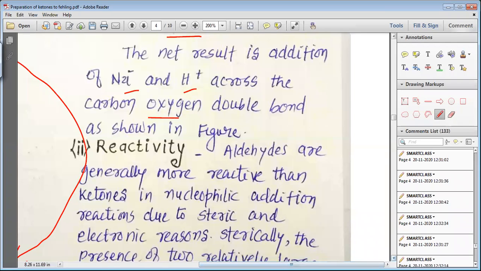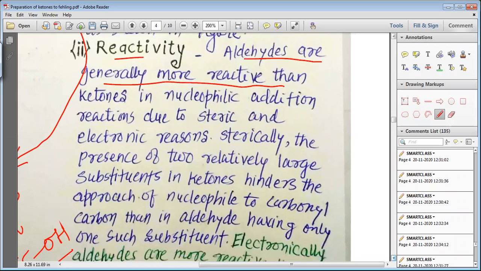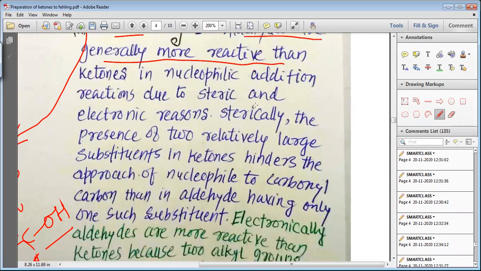Now, a very important point, my dear students, is about the reactivity. Aldehydes are generally more reactive. Please remember this: aldehydes are generally more reactive than ketones in nucleophilic addition reactions due to steric and electronic reasons. Sterically, you can see that in a ketone there are two large groups around the carbonyl carbon, but in an aldehyde only one side has an alkyl group and the other side is hydrogen.